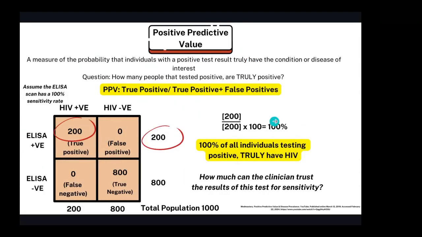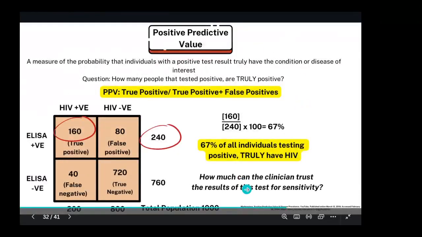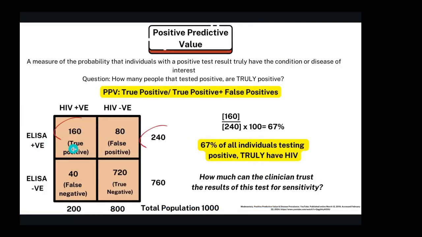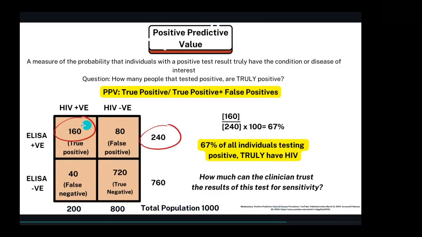This is not a realistic example, so I want to make a realistic example here. Again, a similar circumstance, but in this case, 160 out of the 200 are HIV positive as detected by the ELISA scan, but 80 have been given a false positive test.